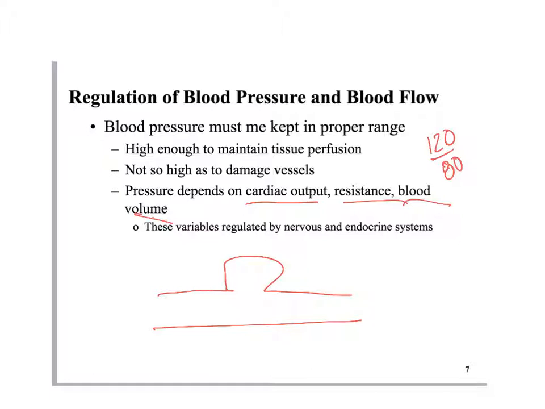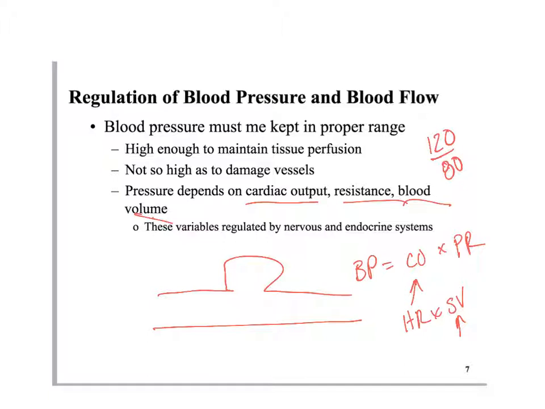So the nervous and endocrine systems will coordinate and work to maintain this balance, to maintain a certain blood pressure, because blood pressure is equal to cardiac output times peripheral resistance. Okay? And then cardiac output is equal to heart rate times stroke volume. We can influence stroke volume by changing blood volume.